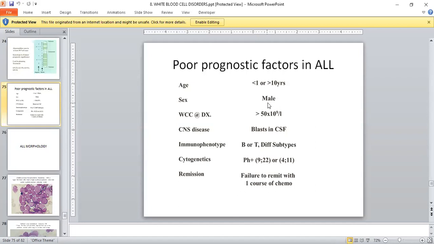Having a white cell count at diagnosis of more than 50 times 10 to the power 9 per liter is also a poor prognostic factor. Having blasts in the CSF, which indicates that the disease has traversed the CNS. Immunophenotype, B or T, different subtypes. Having the Philadelphia chromosome is a poor prognostic factor for this one. And then lack of remission after one course of chemo.